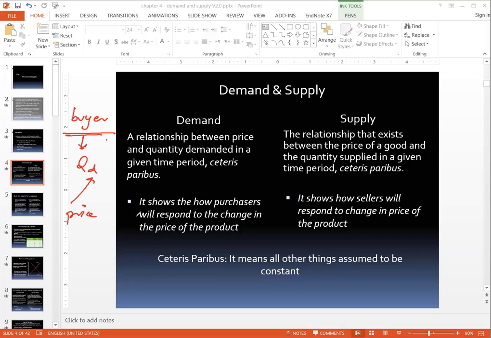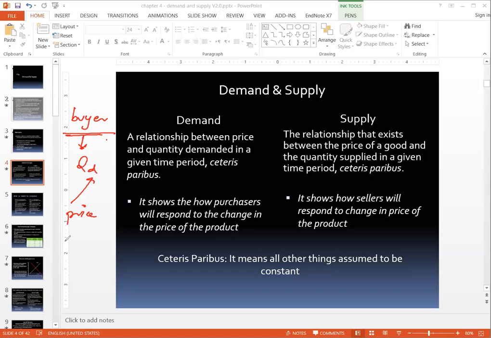It shows how purchasers or buyers will respond to a change in the price of the product. So demand gives us a formula or a graph.